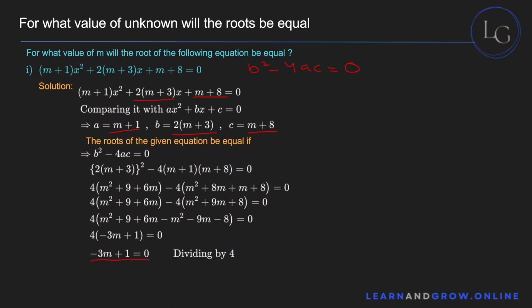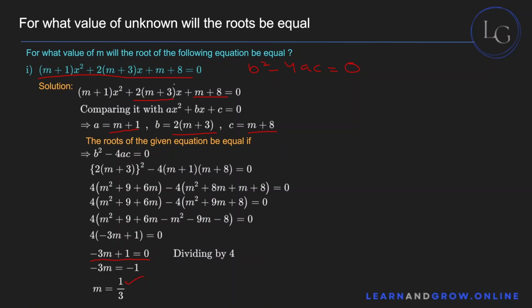Now, minus 3m is equal to minus 1, and this gives you that m is equal to 1 by 3. Now, this is the value of m for which the roots of this equation are equal.